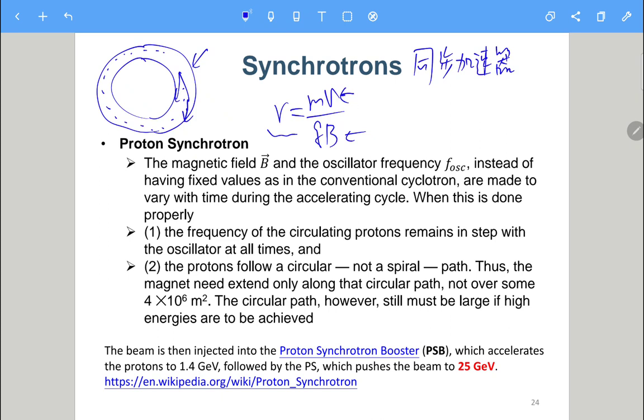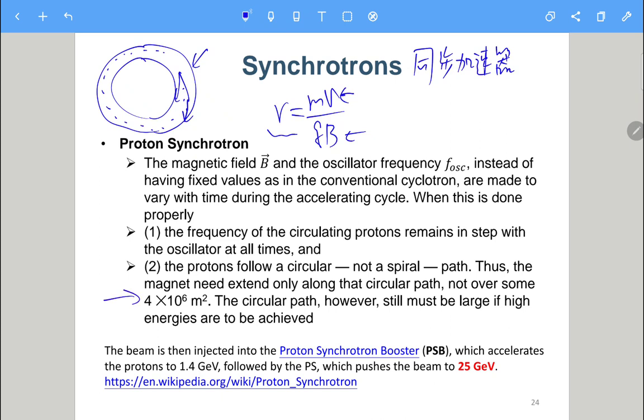So you need to control the B field precisely. So the frequency of the circulating proton remains in step with the oscillating field at all times, and so the proton follows a circular, not a spiral path. Thus the magnet needs to extend only along a circular path, not over something like this.